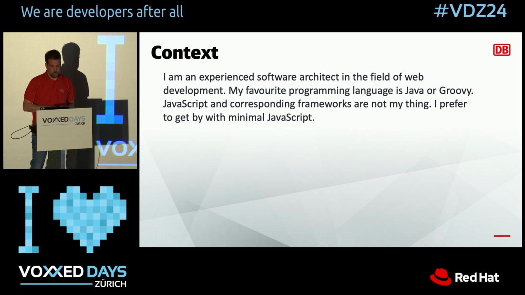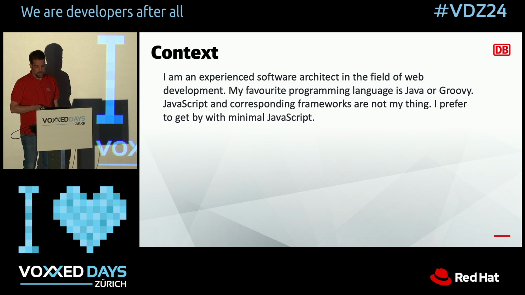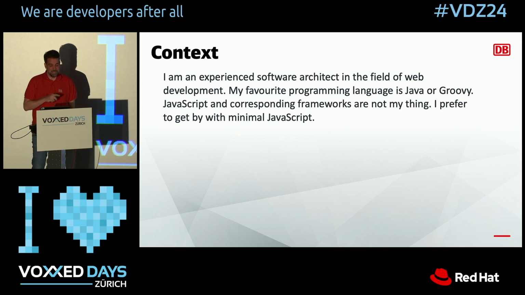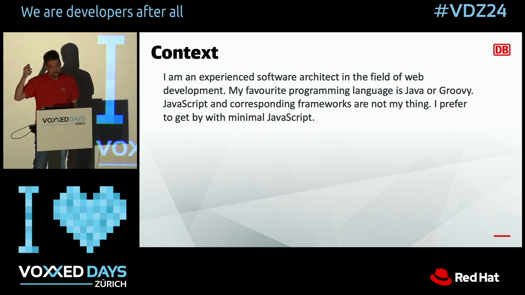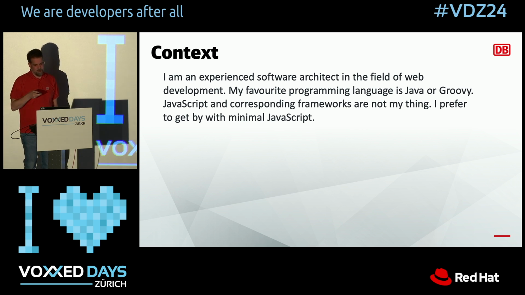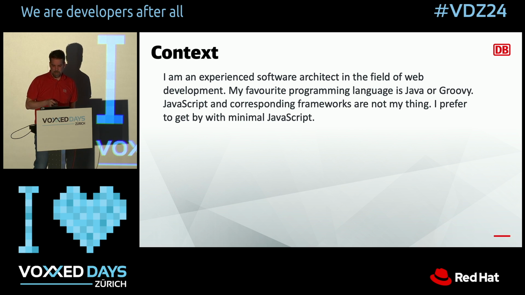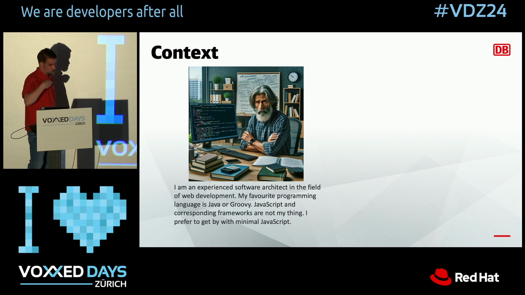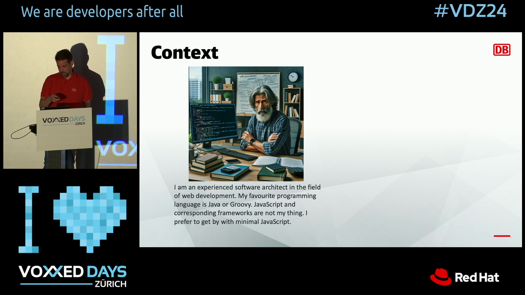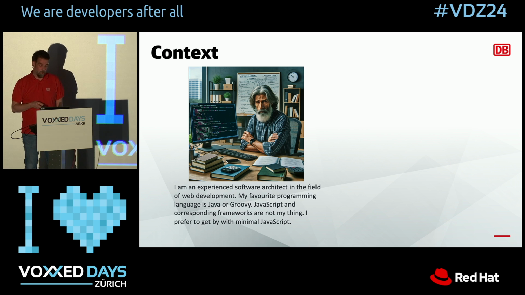Here's an example of a context, and what I found quite interesting with this example is, I mean, an experienced software architect, I don't like JavaScript, and I created an image through DALL-E. I asked ChatGPT to create an image, and it depicted me as quite old.